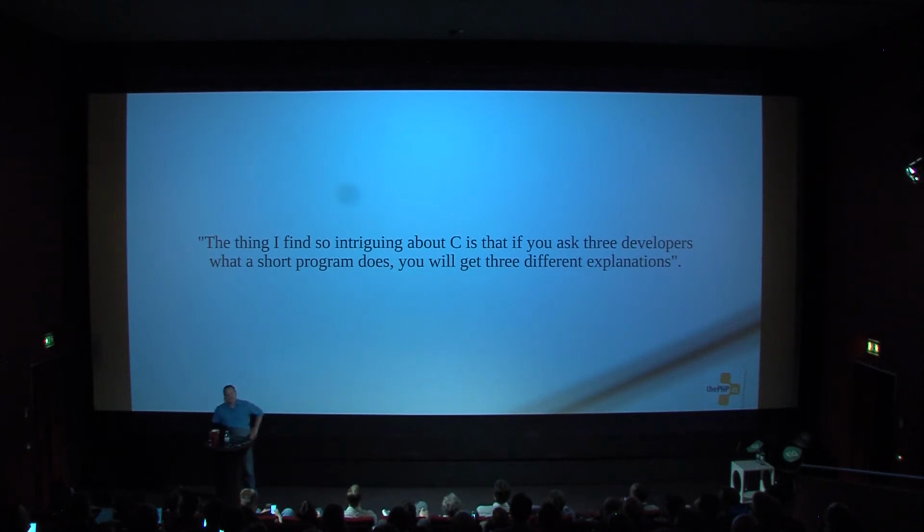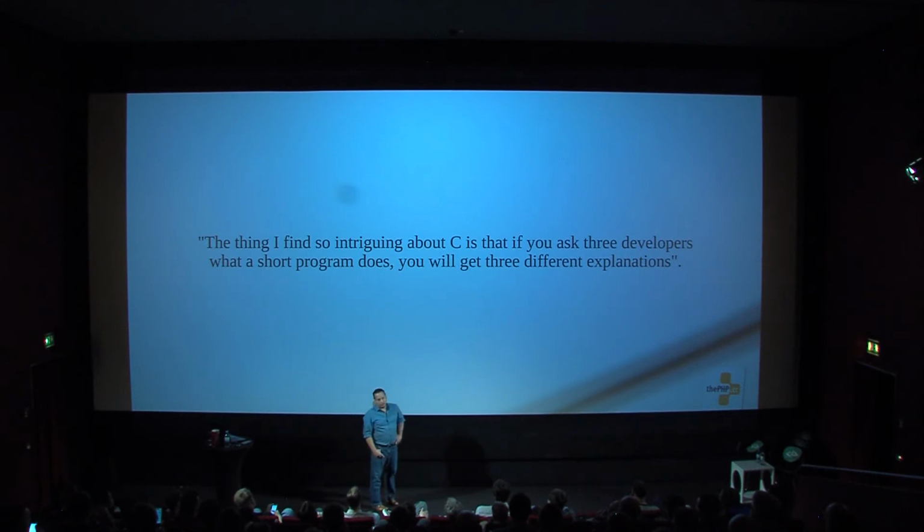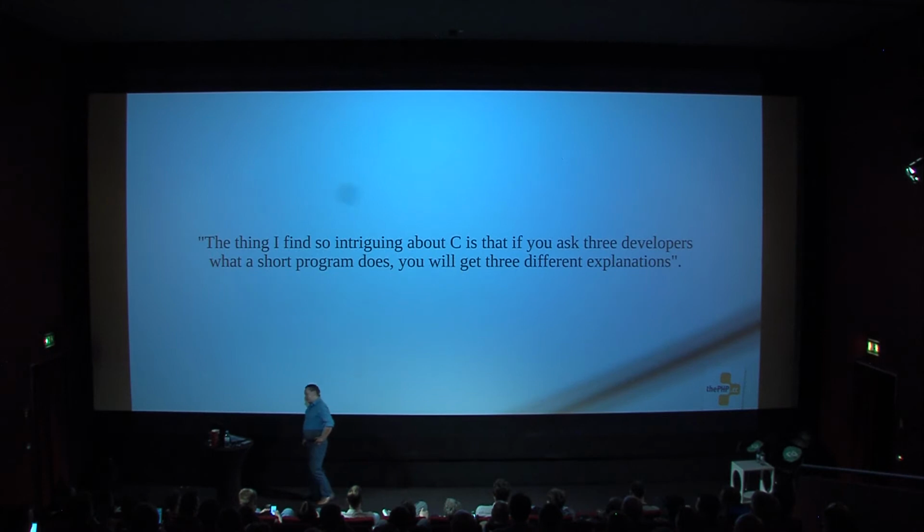When I started as a developer, the first company I worked with, we were writing C code back then. Actually, we were implementing a JVM on a chip card, which was bleeding edge kick-ass technology at the time. And a senior developer said, well, the thing I find so intriguing about C is if you have 3 developers, you show them a short C program, and you ask them what it does, you're going to get 3 different explanations.